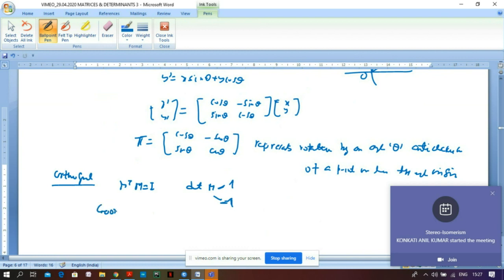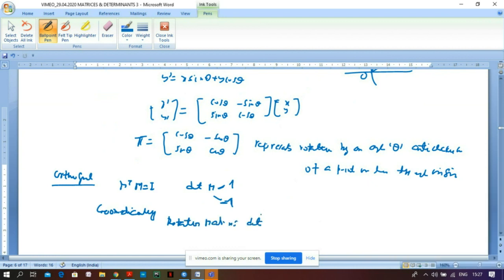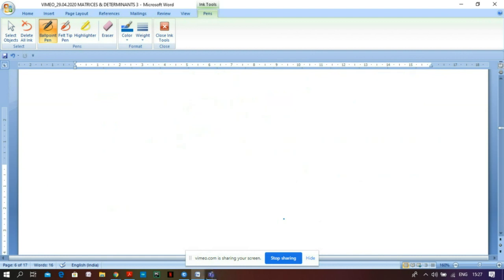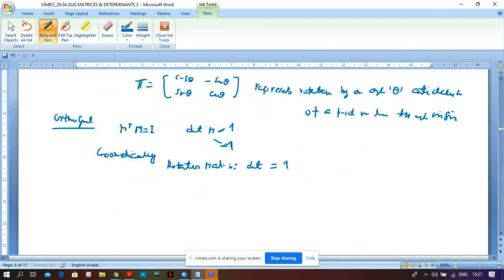Geometrically, for a rotation matrix the determinant happens to be 1, as you can see here also. And for all reflection matrices, det happens to be -1.